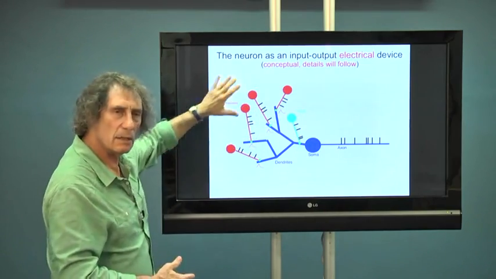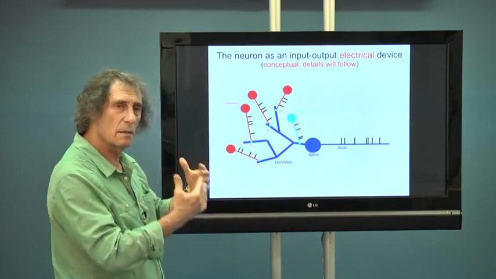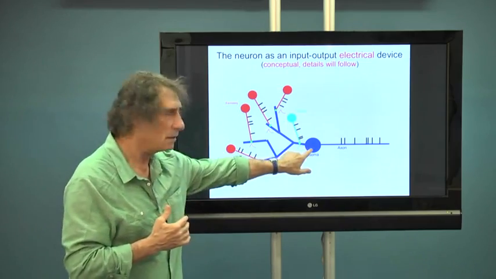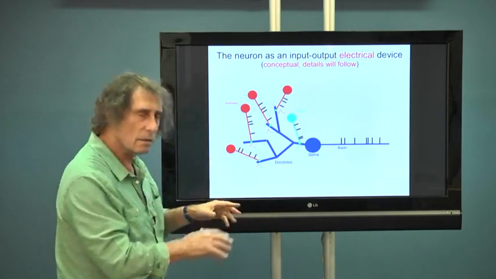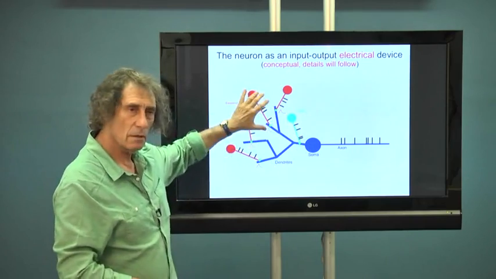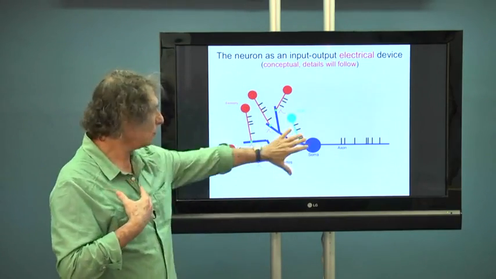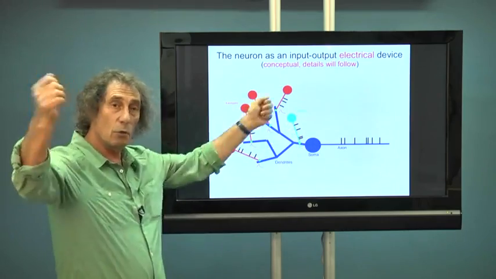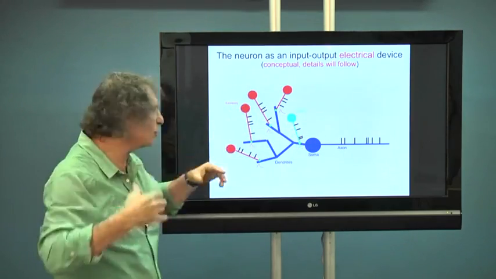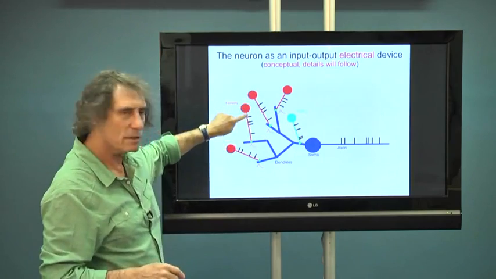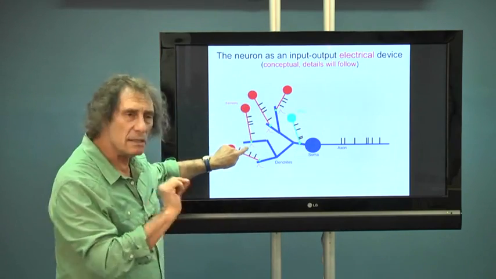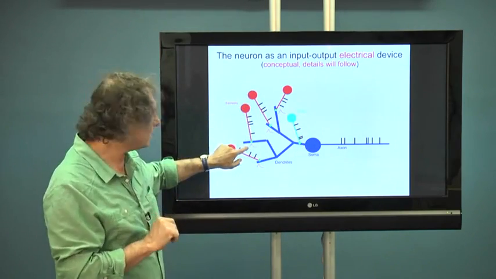So many thousands of cells presynaptic to the blue cell connect to the dendritic tree of the postsynaptic cell. So imagine that you are a tree, you are the blue tree, many wires approaching you, many axons approaching you, making synaptic contact. We'll talk about synapse.